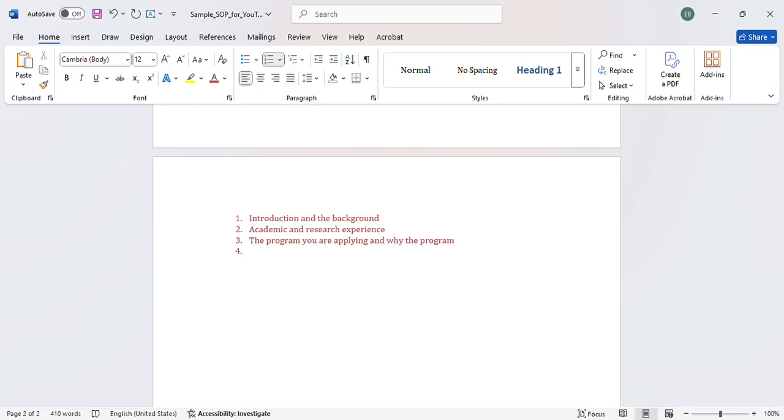Also, you could highlight some of your professional experiences, maybe one or two. This professional experience should align with the program that you are applying to.